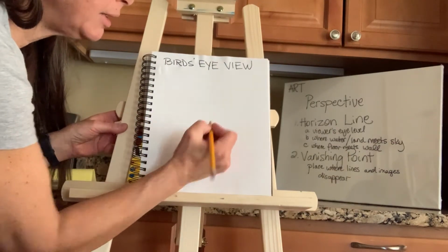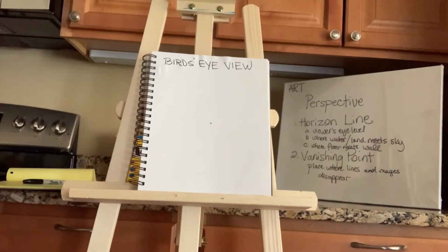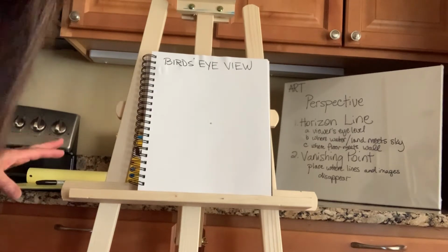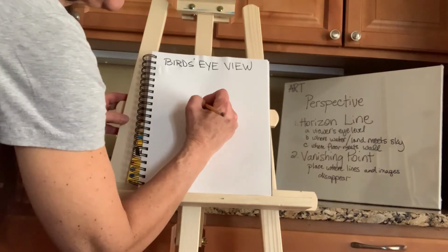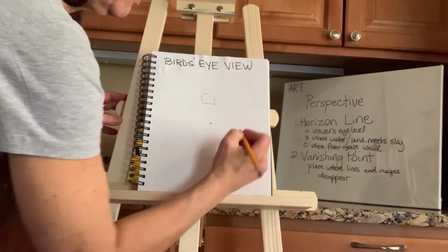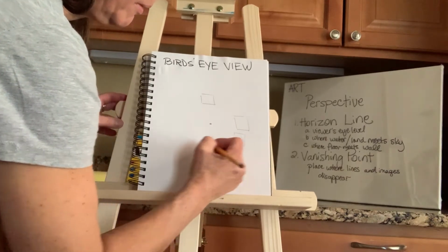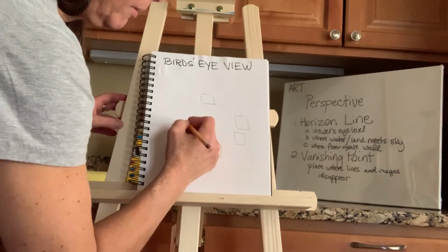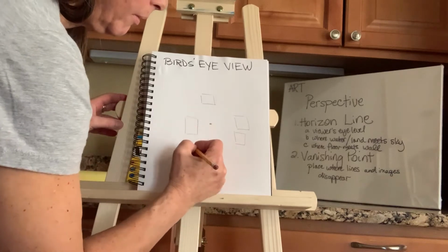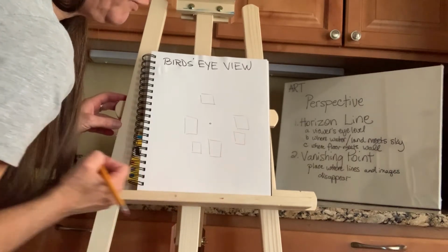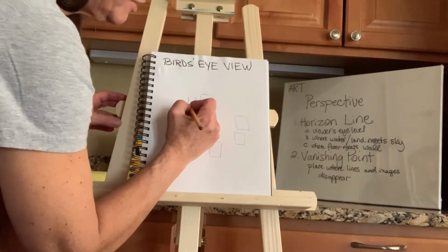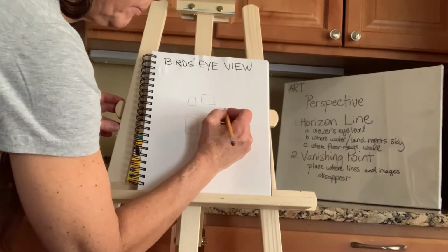Draw a dot in the middle of your paper, lightly with pencil. And then I would like you to draw maybe 8 different squares. You can have some a little bit further away from the center and some a little closer.